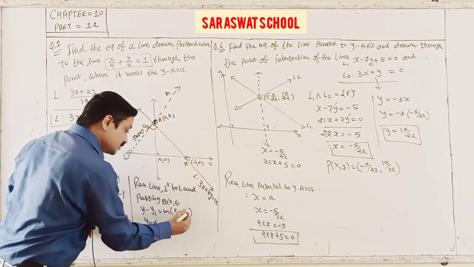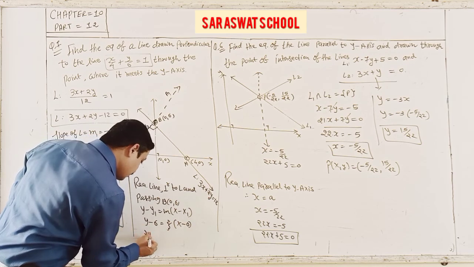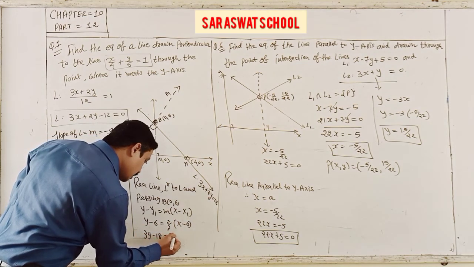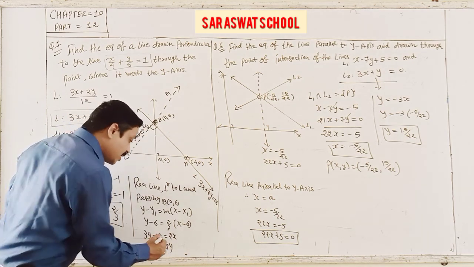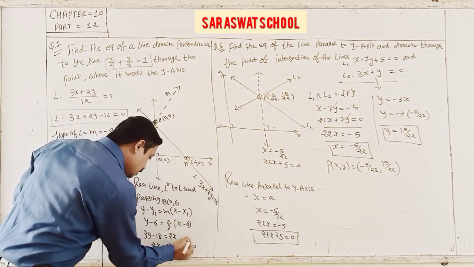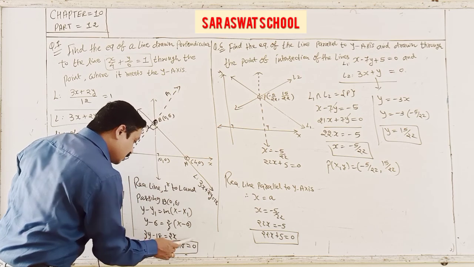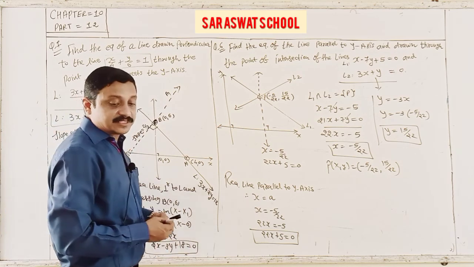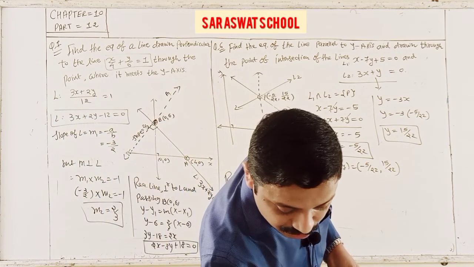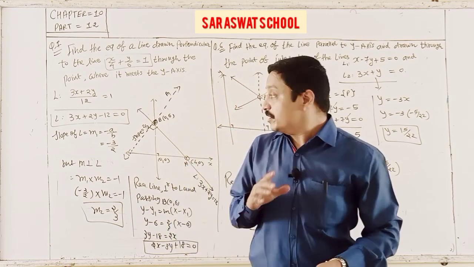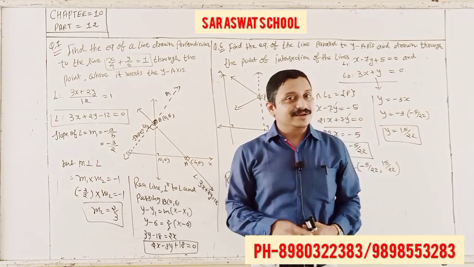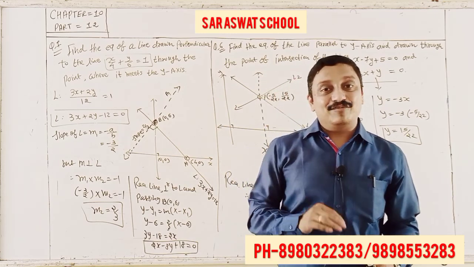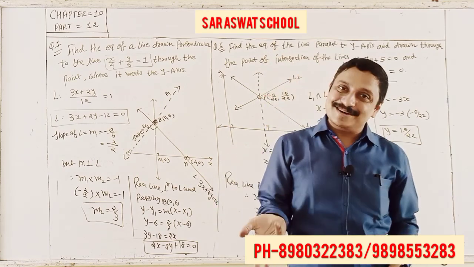So my answer is 3y, 6 3s are 18, and 2x. So 2x minus 3y plus 18 is equal to 0. And students, this question is easily done. Now students, up to question 7 I stop here in this part, and further explanations I will explain in the next part. Bye bye.